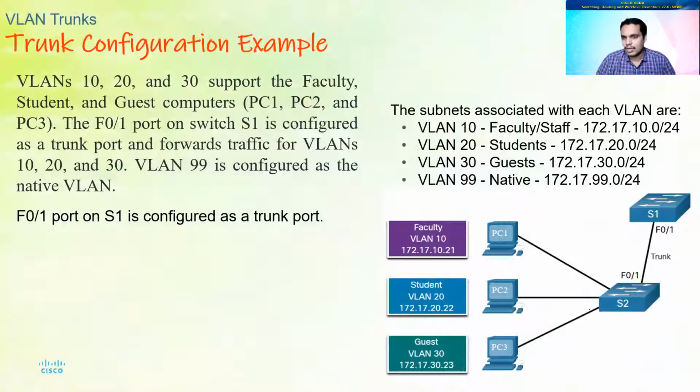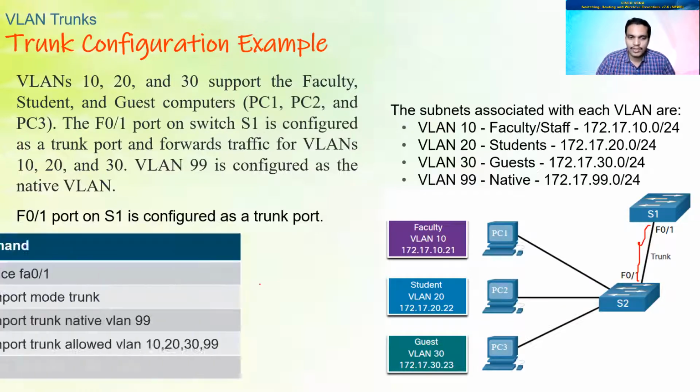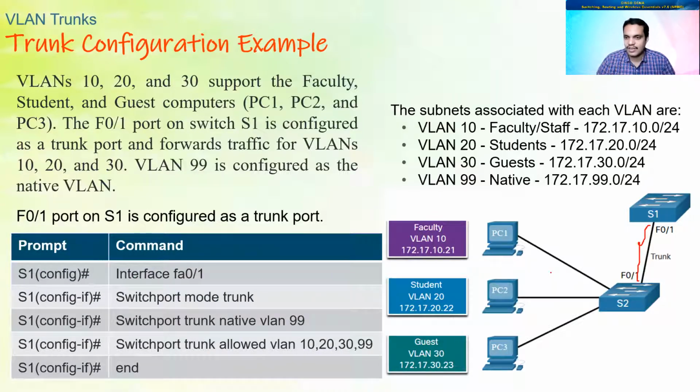Now check it out. The S2 supports multiple VLANs including 10, 20, and 30. But for this traffic to go out, it has to go through this link between S1 and S2, right? So I'm going to configure this link as a trunk link. For this, the commands we need are, first, interface F0/1. I need to enter this interface.